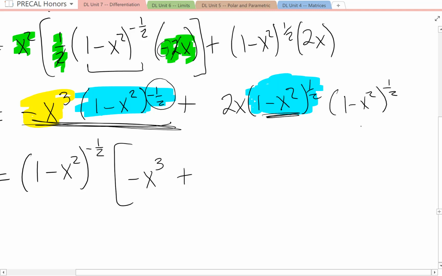And when you multiply the same base times the same base, you add the exponents, which 1/2 plus 1/2 is 1.